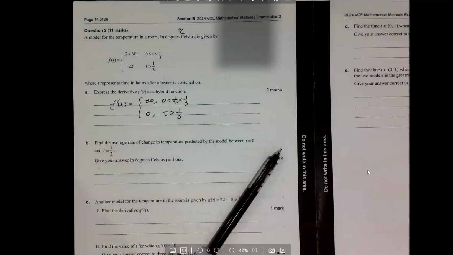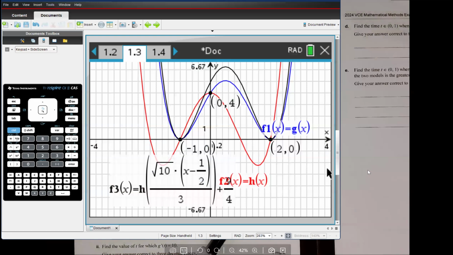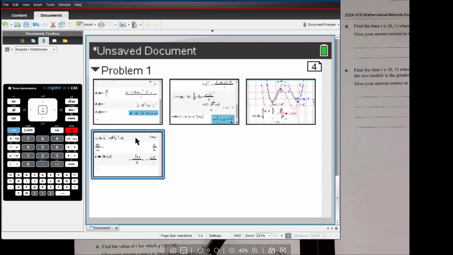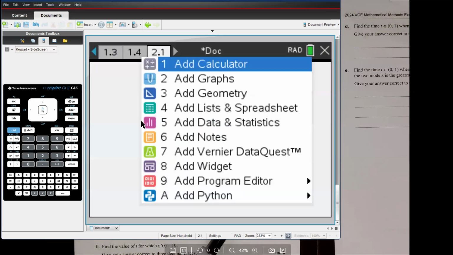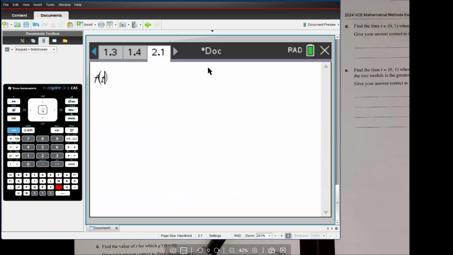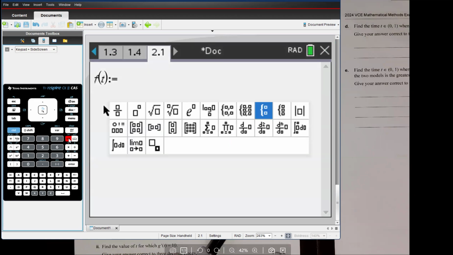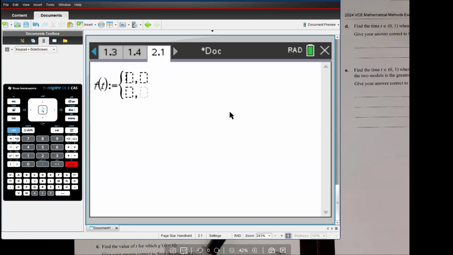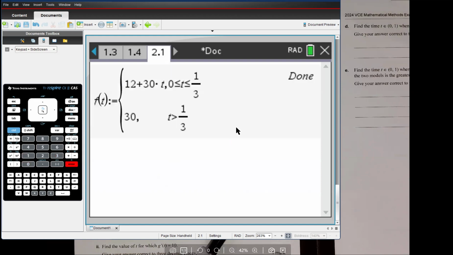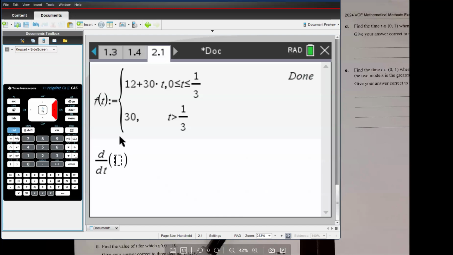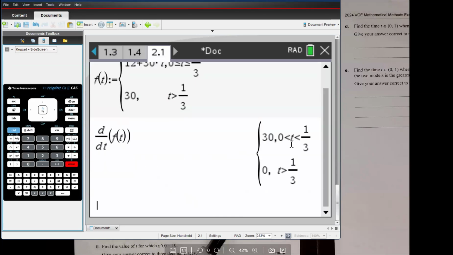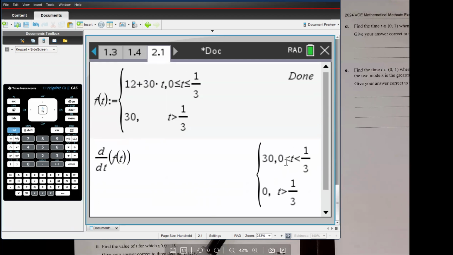And if you trust your CAS calculator, for instance, this time I'm going to insert another problem for the second question. F of t is assigned to a hybrid function, 12 plus 30t, 0 less than or equal to t less than or equal to 1/3, and then 22 for t greater than 1/3, and then you can simply take the derivative of f of t, and you can see these equal signs are excluded, okay, because at the end point it's not differentiable.